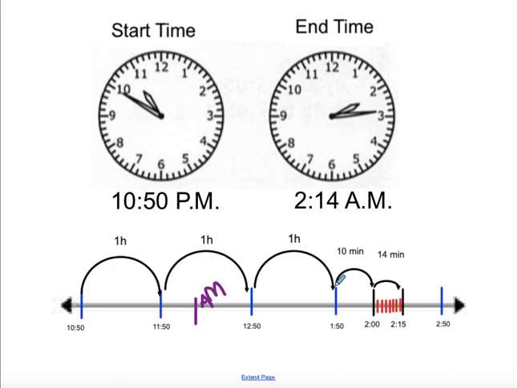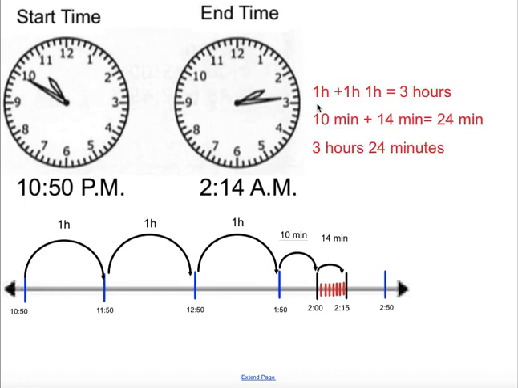So at 1:50, I jumped 10 minutes to get to my landmark number of 2. And then I added 14 more minutes. And my little markings here are worth 2. 2, 4, 6, 8, 10, 12, 14. 14 is right before the 2:15. So when I add my numbers, my hours and my minutes, you can see this.